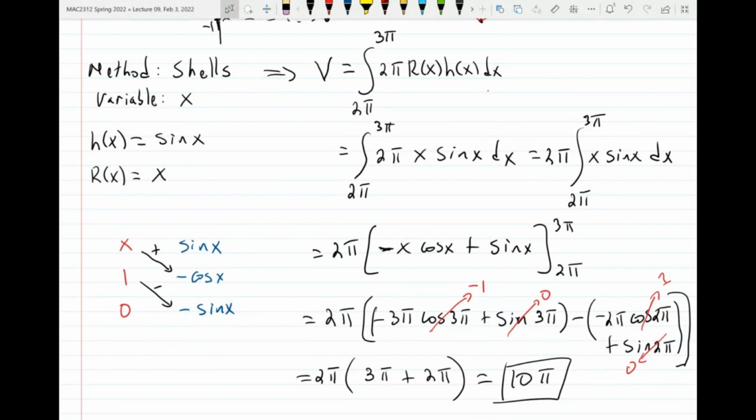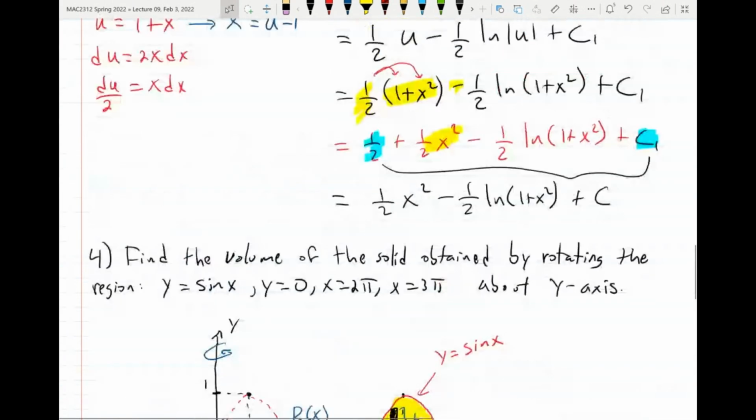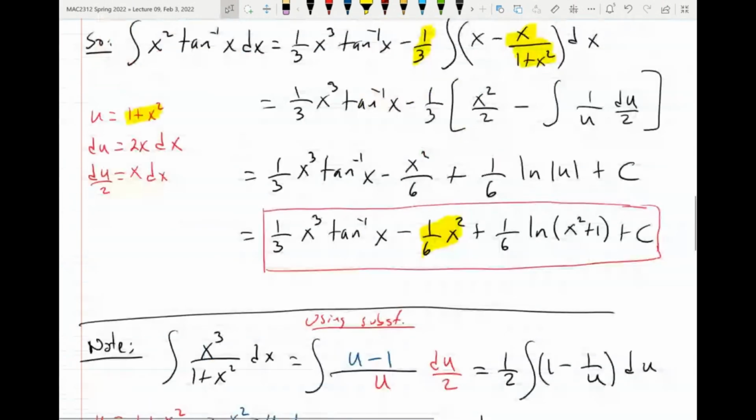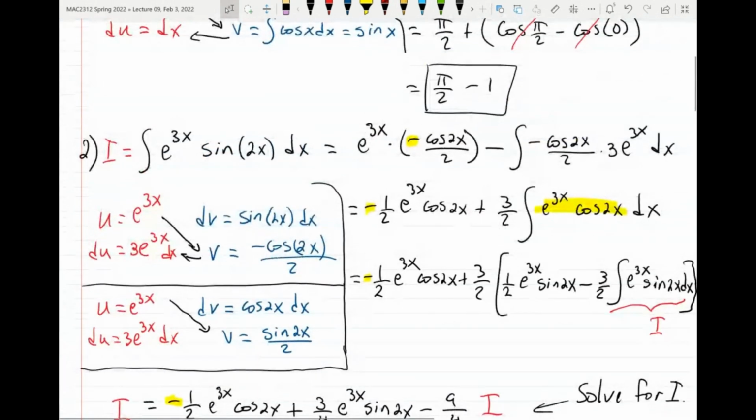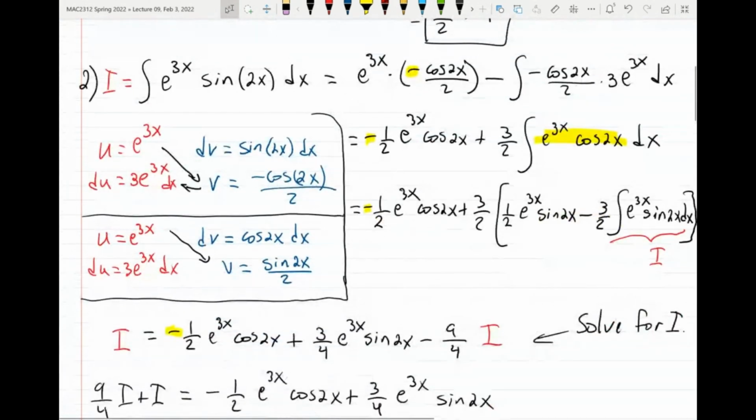Tell me. Earlier, when we did integration by parts on problem 2, the integral of e to the 3x times sine 2x, you said that when we do it by parts and need to take it multiple times, always have u be the same thing.